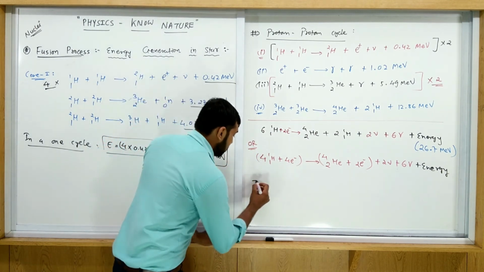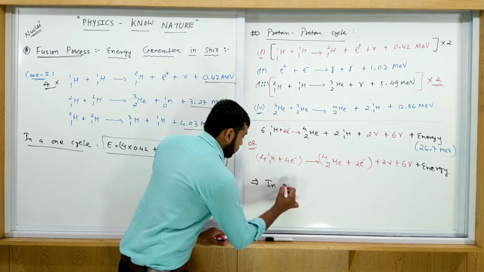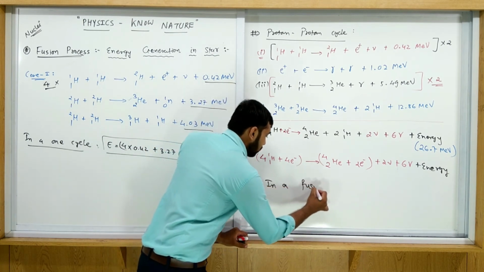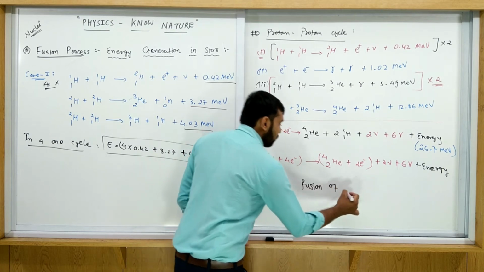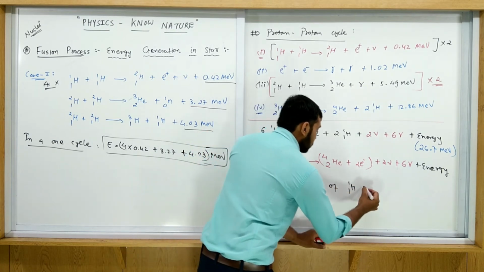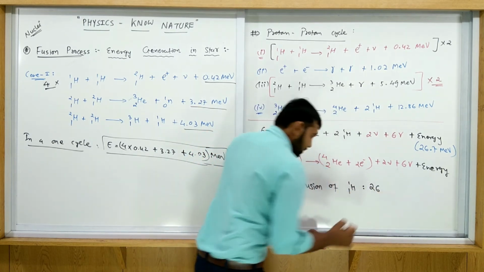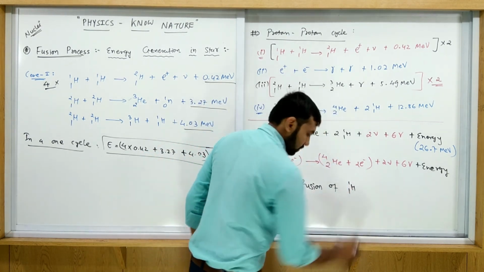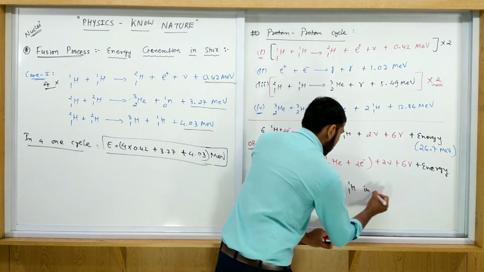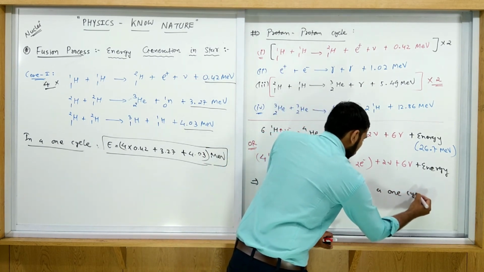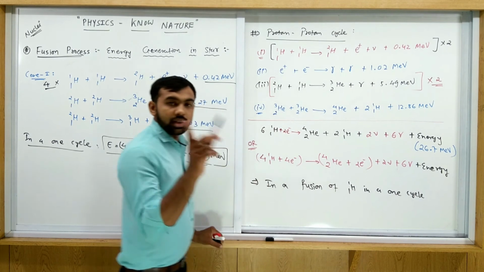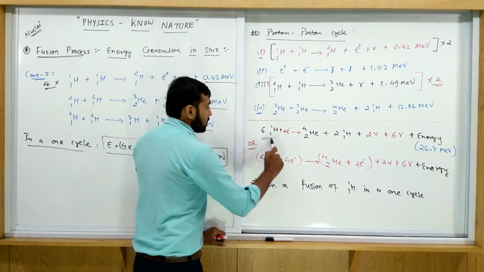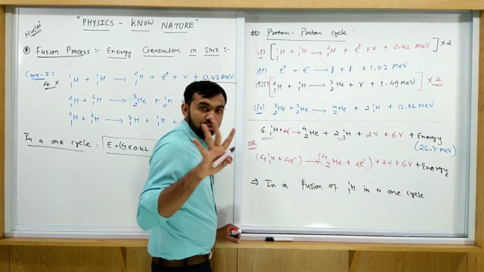Similarly, you must remember here in the fusion of hydrogen in one cycle, how many hydrogen is required? 6 minus 2, total 4 hydrogen.